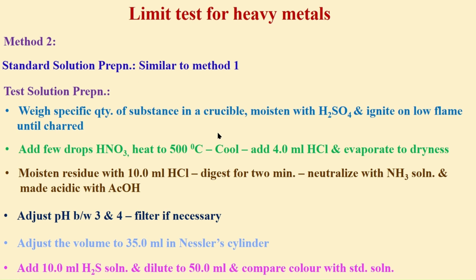To make it clear and colorless, we treat with sulfuric acid followed by nitric acid and followed by HCl, and it is digested with HCl, neutralized to pH 3 to 4 using ammonia and acetic acid, and the other procedure is followed in a similar fashion to method 1.